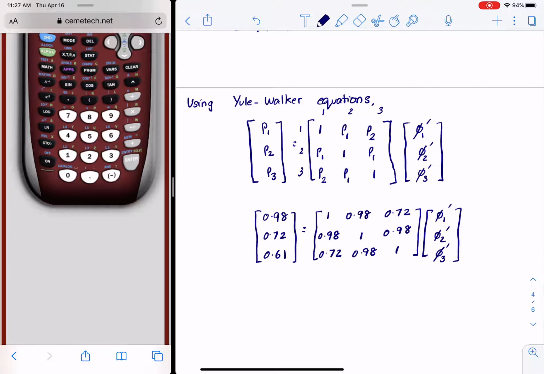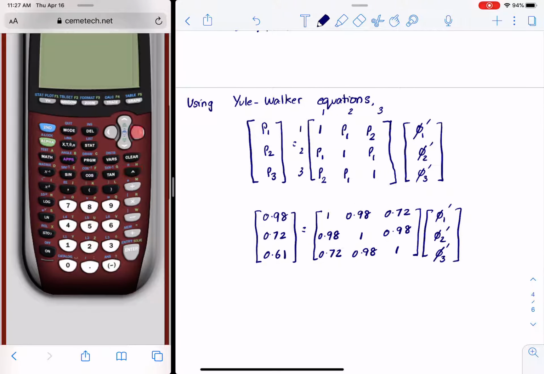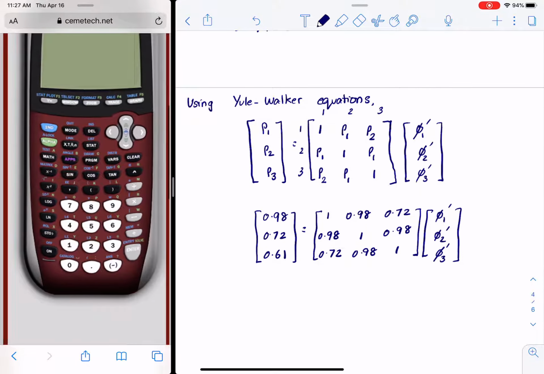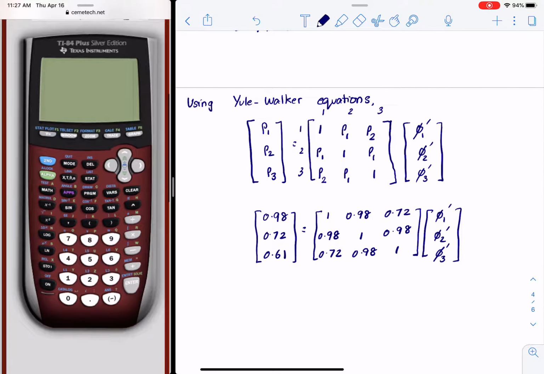So we would use the calculator to find the solution to this system, not matrices.